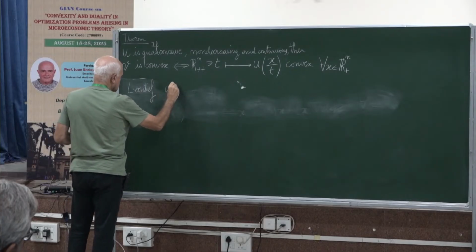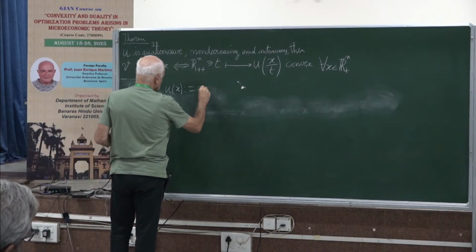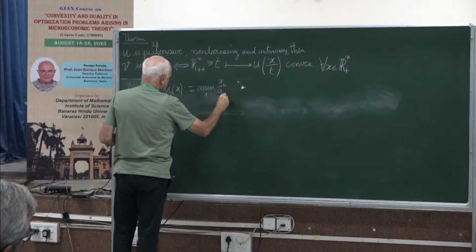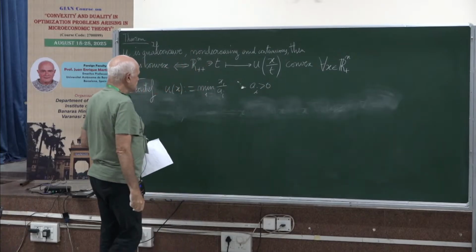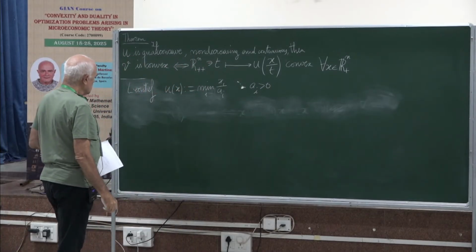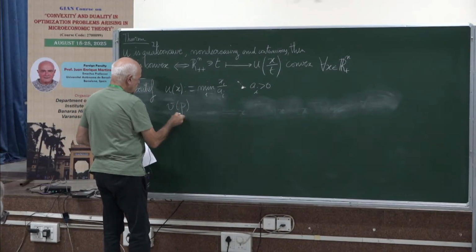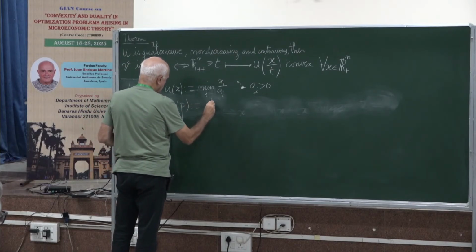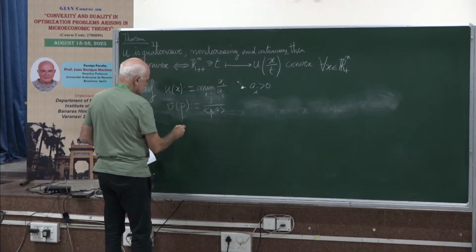You remember that the utility function was the minimum over i of xi divided by ai, where the ai are strictly positive constants. And then we obtained that v of p is equal to 1 over p·a for p different from 0. Okay?